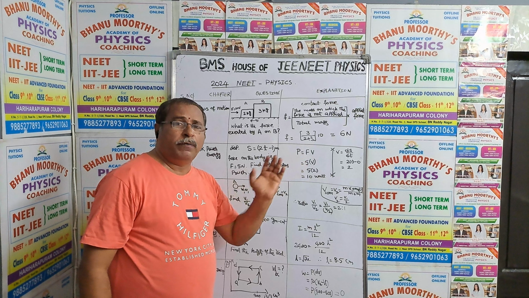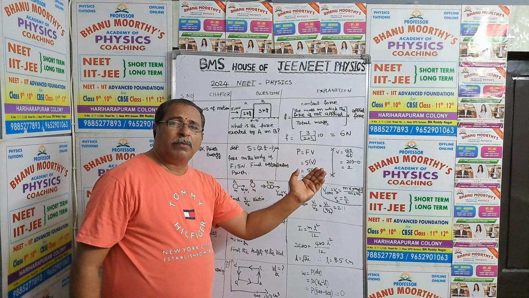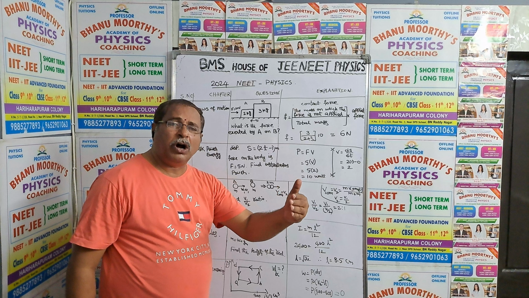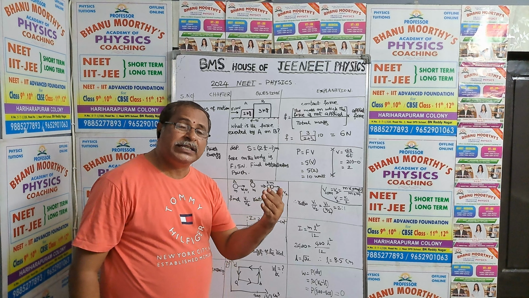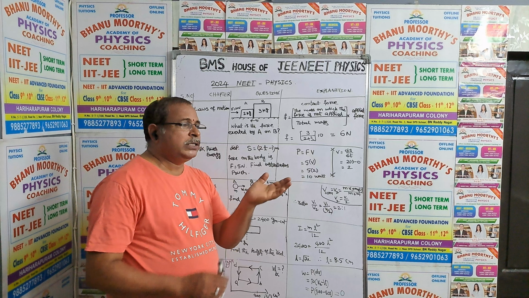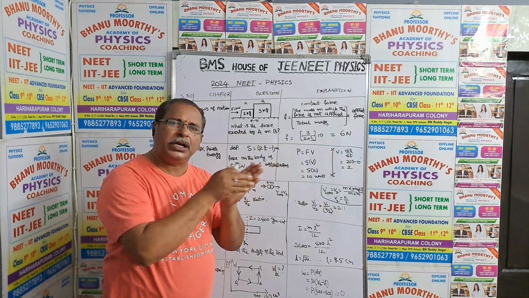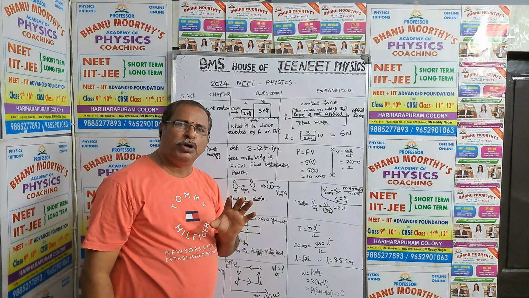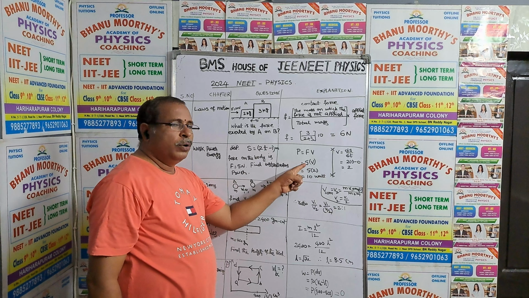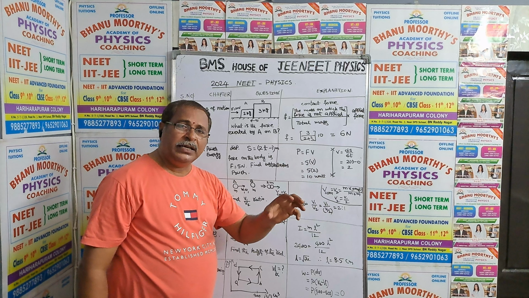Unless you know the formula, you can't do it. The instantaneous power formula is F bar dot V bar, which is F V cos theta. But the theta value is 0 degrees because the body is displaced in the direction of force. Both are in the same direction. Cos 0 is 1. So, F times V, where F is force and V is velocity.